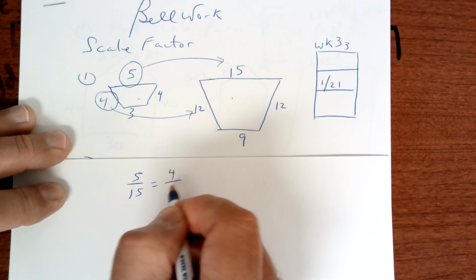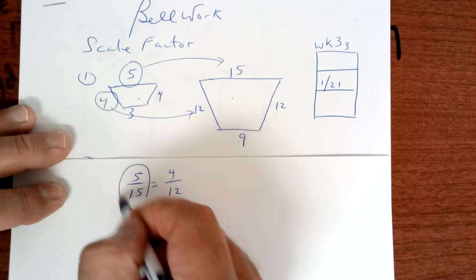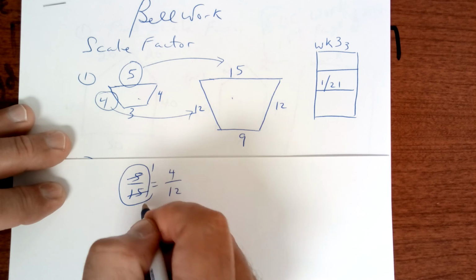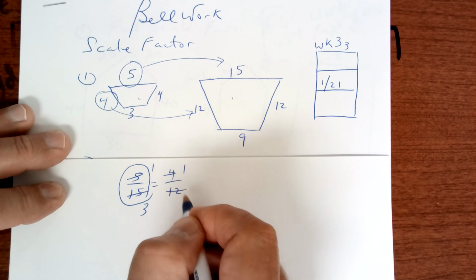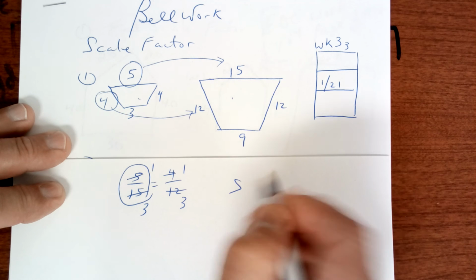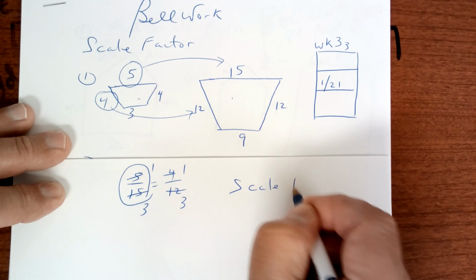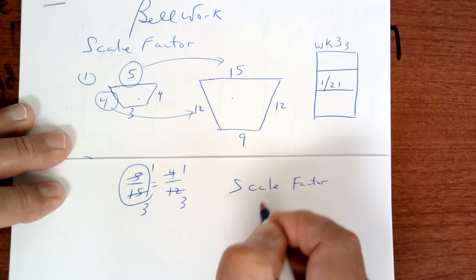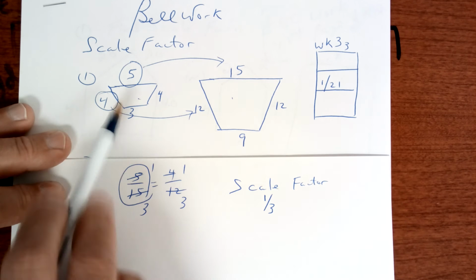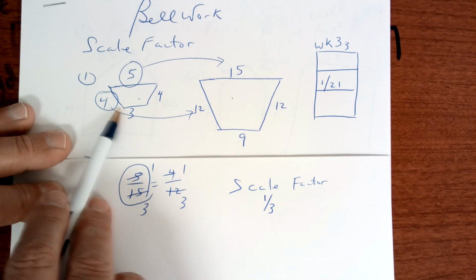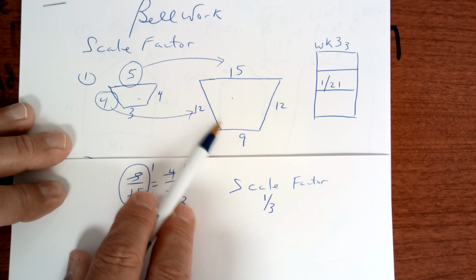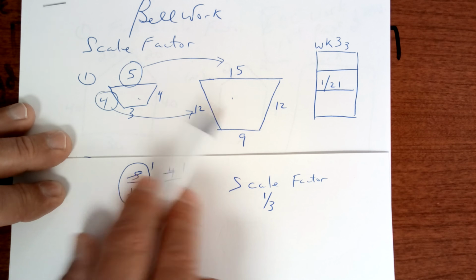And you can see that if you reduce this, you get 1/3. 4 goes into 4 once, 4 goes into 12 3. So the scale factor is 1/3. This one is 1/3 the size of this one, or this one is 3 times as big as that one.